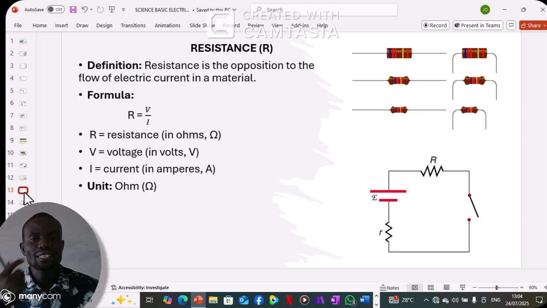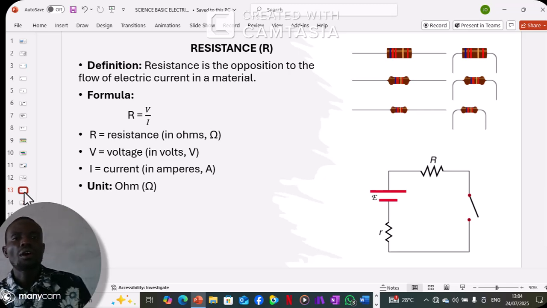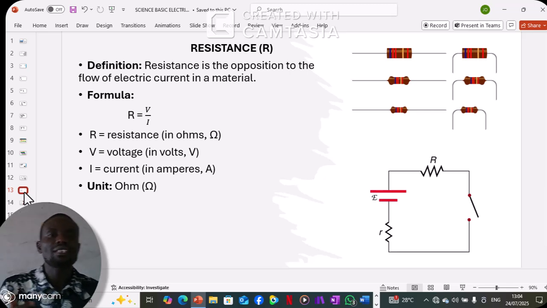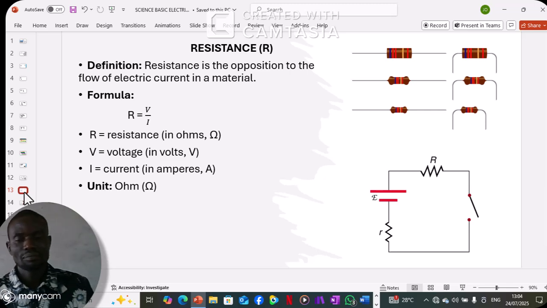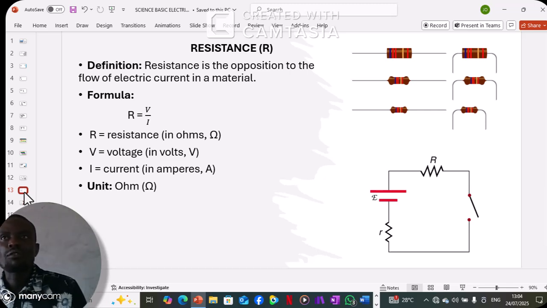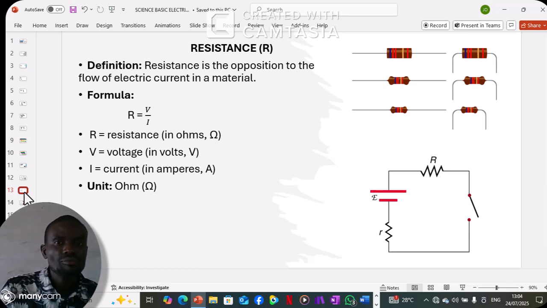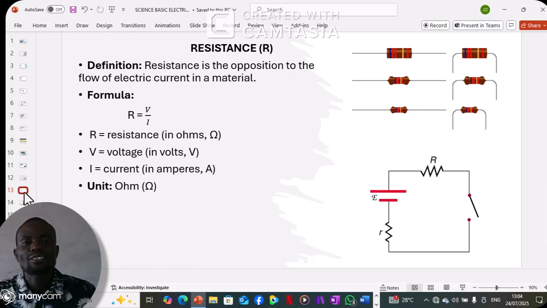So resistance is the opposition offered to the flow of electric current in a material, and it is due to the material of that conductor. There are some wires whose material itself will not allow the electric current or electric charge to flow.